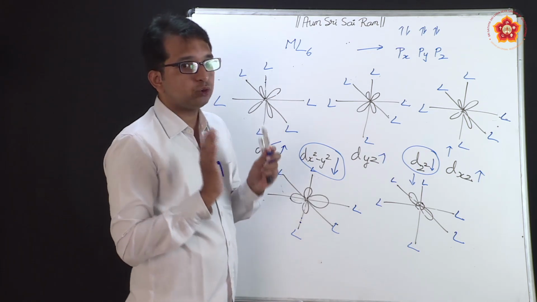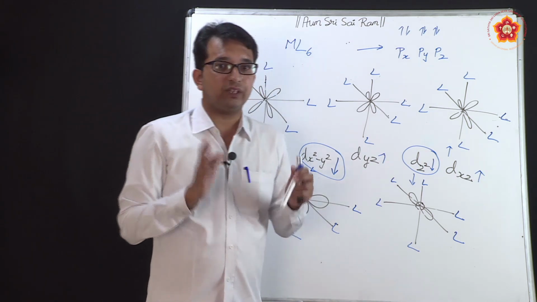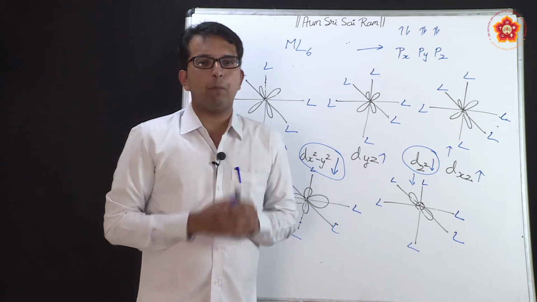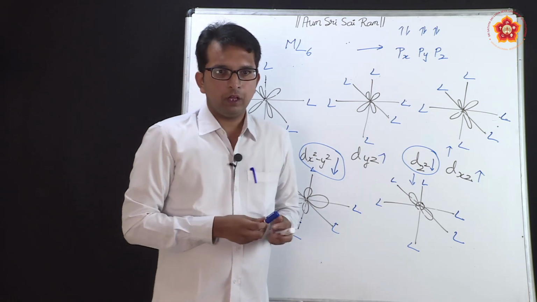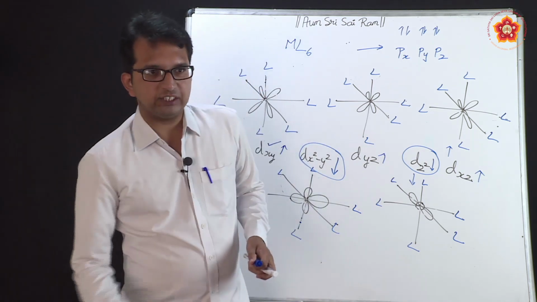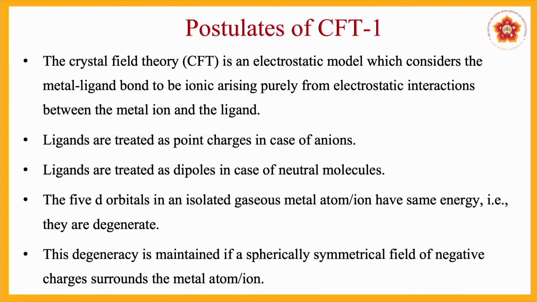So having understood these basic aspects of the interactions, let us now see some postulates of crystal field theory. So in the postulate part now, let us see those. In this, the crystal field theory is an electrostatic model. Electro indicates that there is play of electrons here, and it is static, meaning that the compound is already formed.